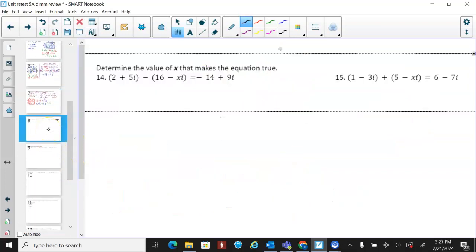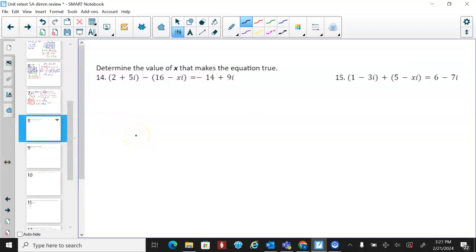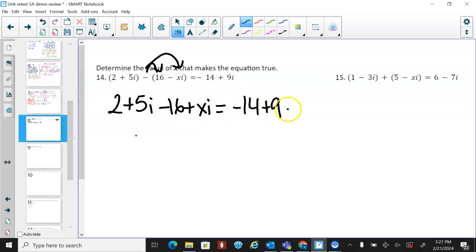All right. Now we're solving for x. Again, you have to distribute first. So I'm going to rewrite it as 2 plus 5i minus 16 plus xi has to equal negative 14 plus 9i. Again, I'm only going to pick the i parts.